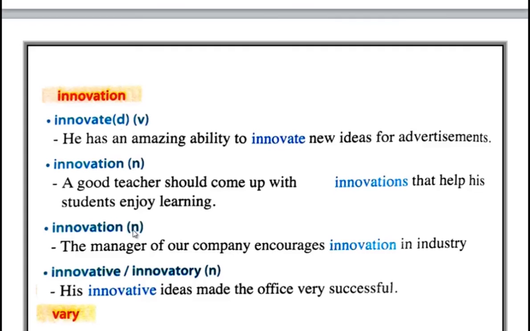Innovation, noun, another usage here: the manager of our company encourages innovation in industry, to introduce new ideas in order to improve the company or the industry of his company. Innovative or innovatory.